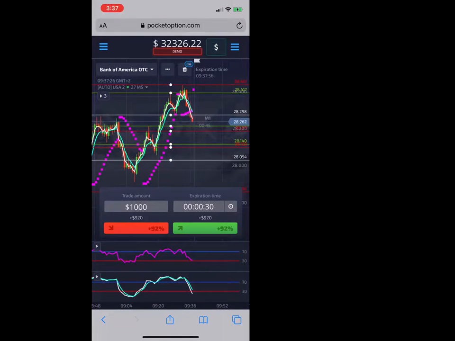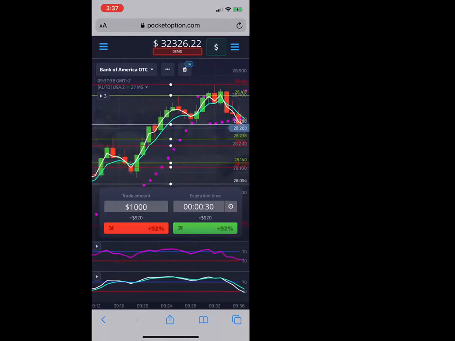And I just track the market in my zones. It's like everything played out to the T. You could just be cashing out.